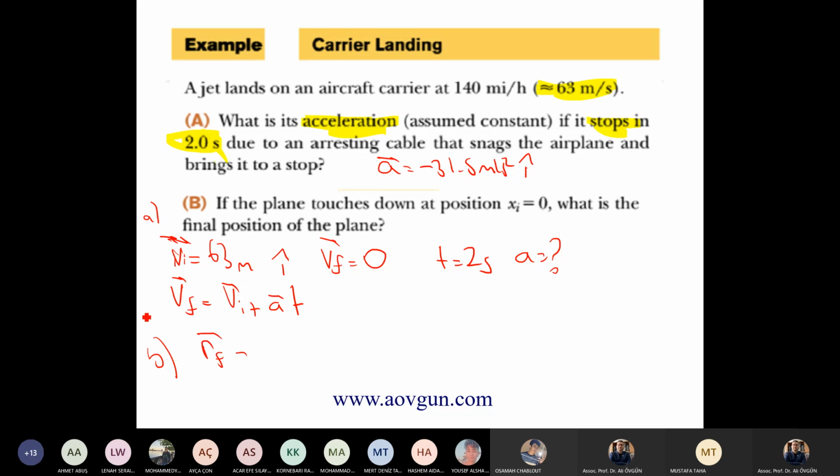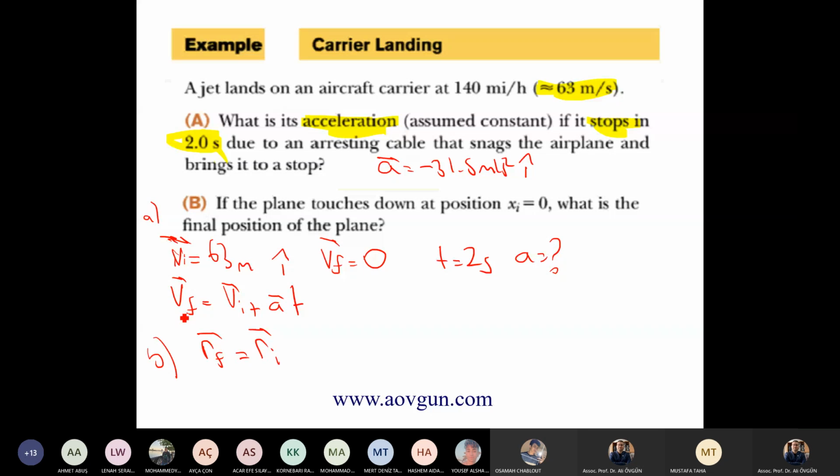R final equals R initial. As I said, if you want, you can use R for all dimensions, or you can use only X for the X direction. In this problem it is one-dimensional motion, but I use R for generality and then put i hat, j hat.